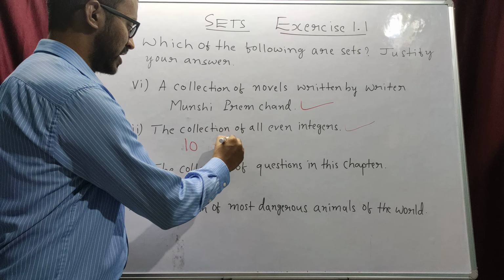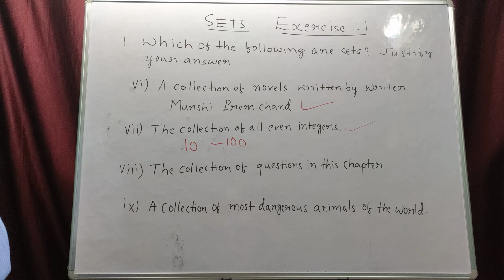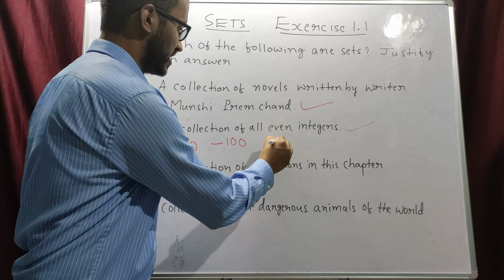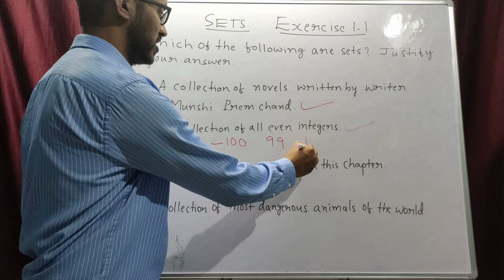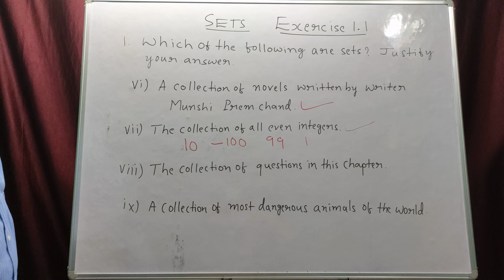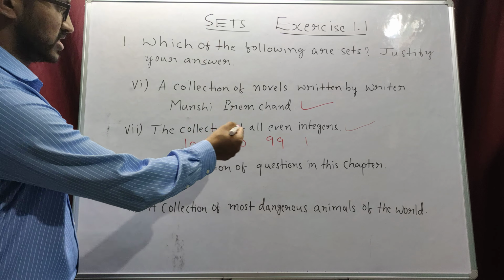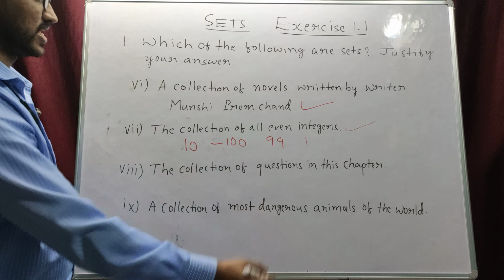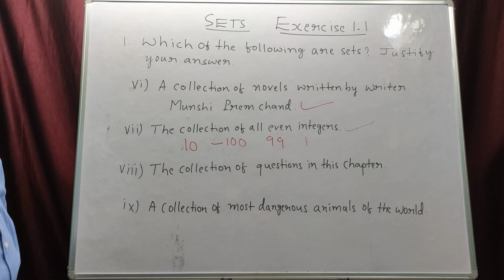Similarly, minus 100 belongs to this collection, whereas 99 does not belong to this collection, as well as 1 does not belong to this collection. So I can easily recognize whether a number belongs to this collection or not. So it is a set.